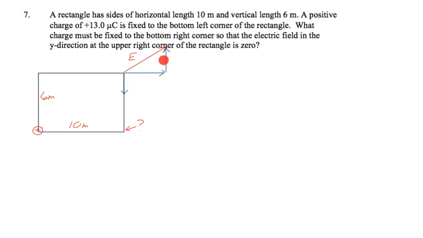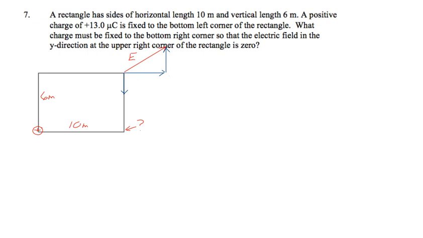Because if those 2 are canceled out, I will have canceled out the electric field in the y direction. And like I said, if I wanted to completely cancel out the electric field, I would also have to put a charge in this corner, and have it make an electric field go that way, so that this one would cancel that one. But we're only looking to cancel one direction.